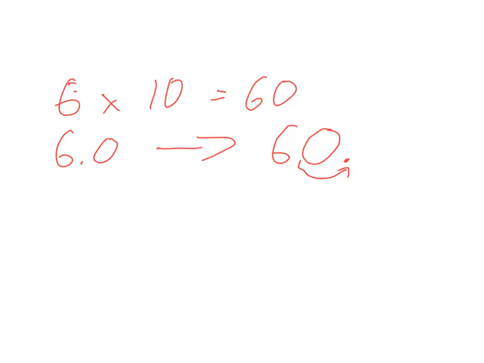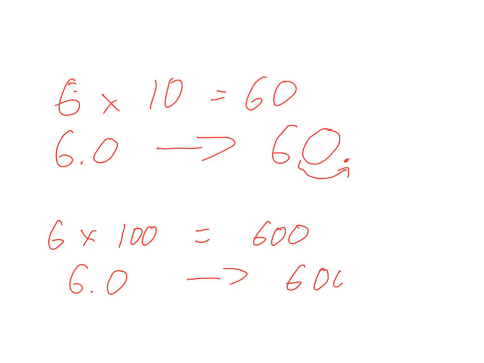And likewise, if you multiply 6 by 100, it will move a couple times. It will go from what would normally be 6.0 to 600, and at the back it has moved 2 places to the right.